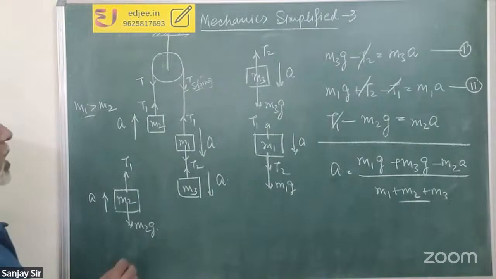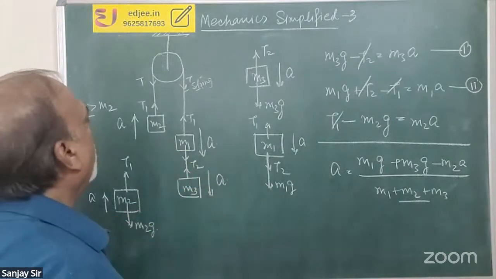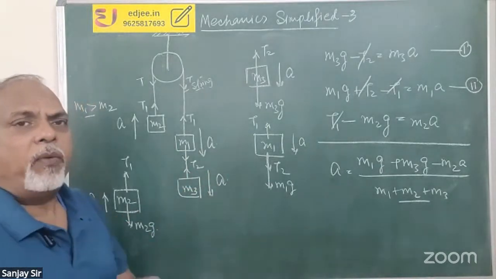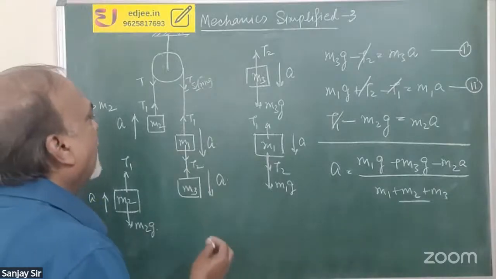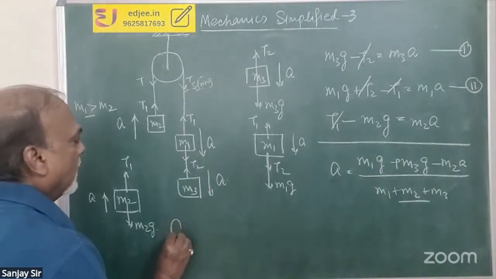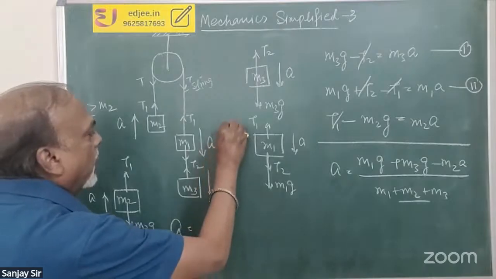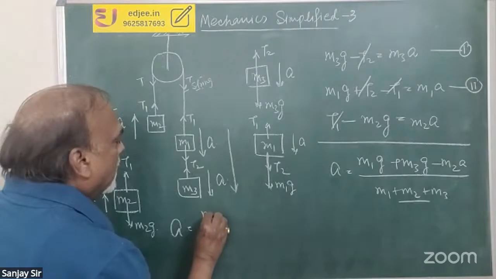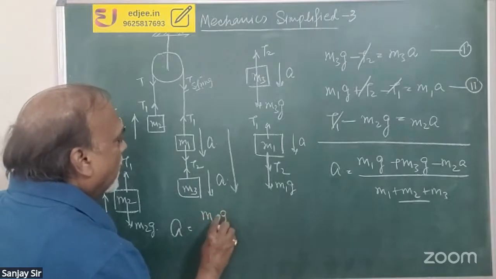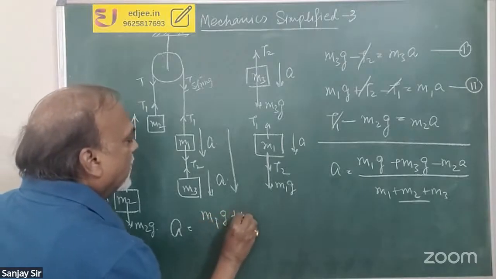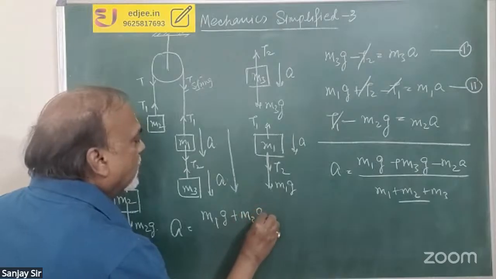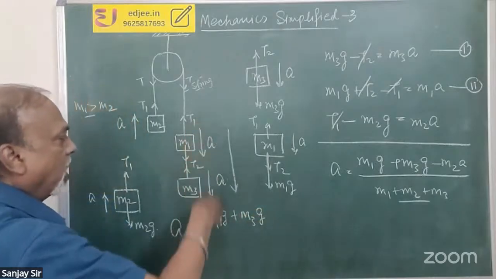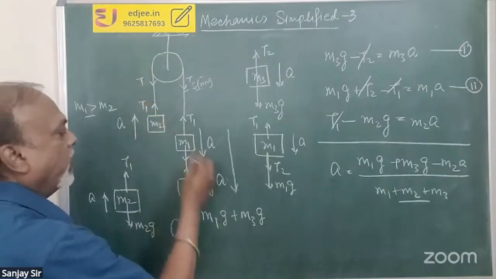The only thing is, suppose you want to find out the acceleration only, what is the net force? Here, what is the downward force? That is M1G plus M3G. Correct? This is downward. This block is moving up.